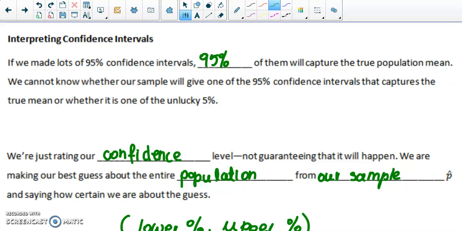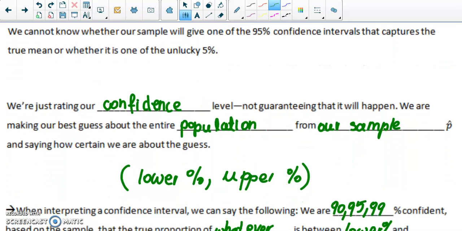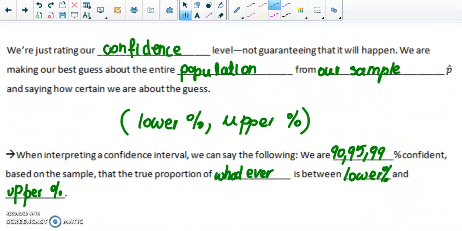Of course, you can use little variations of it, but the main idea is that when you have the confidence interval in this form, parentheses lower percent, upper percent, and you are asked to interpret it, what you write is just: we are, and then either 90, 95, or 99% confident, depending on what your confidence level was, based on our sample, that the true population of, and whatever it was in the problem, just refer to the problem to answer it in context, is between that lower percentage and upper percentage. You can use the decimals as well, or just the percentages, and that's pretty much the lesson.